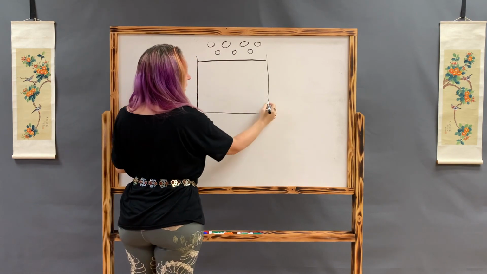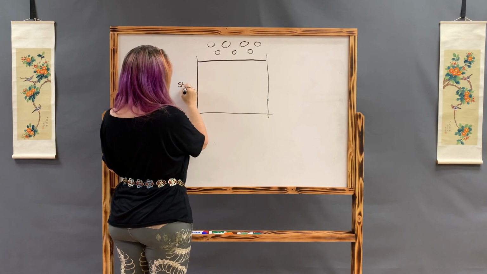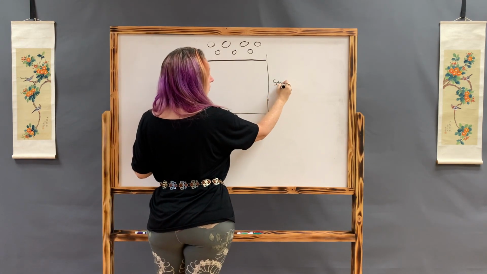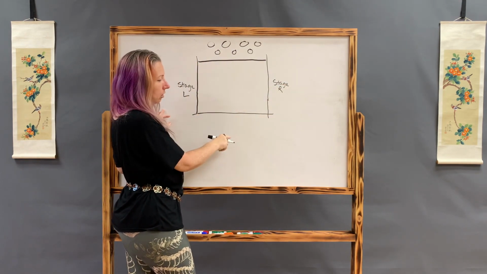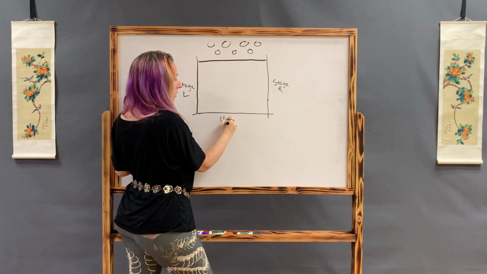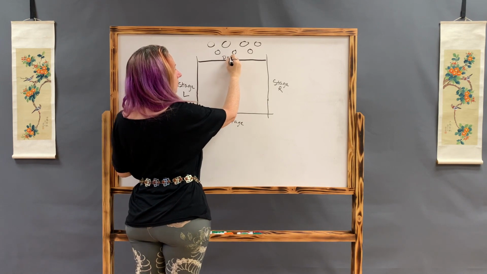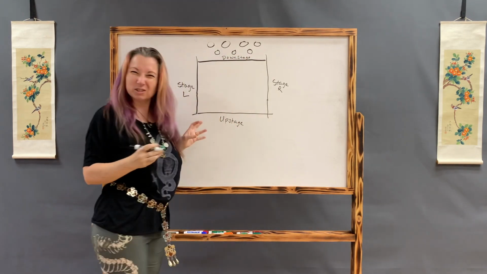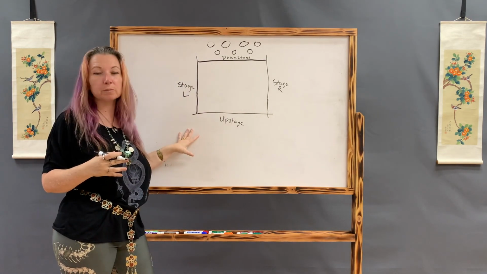When we talk in theater, we would call this stage left, and this is stage right. This part, when you go away from the audience, is upstage, and this part, when you go towards the audience, is downstage. Those are just some theater terms to help you. Sometimes if you're dancing, you'll hear these terms.